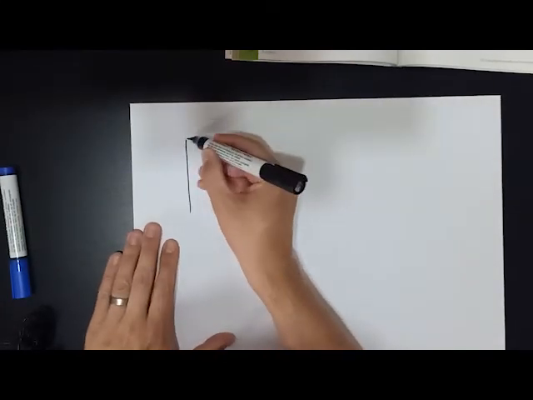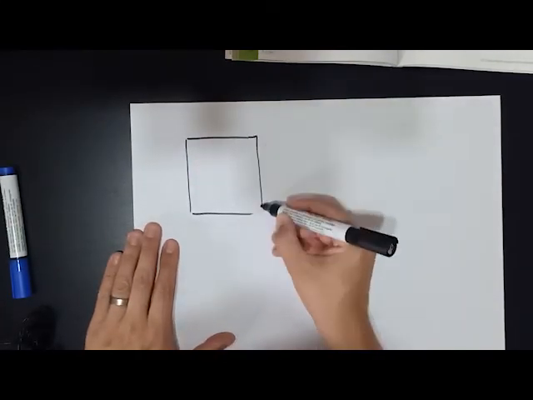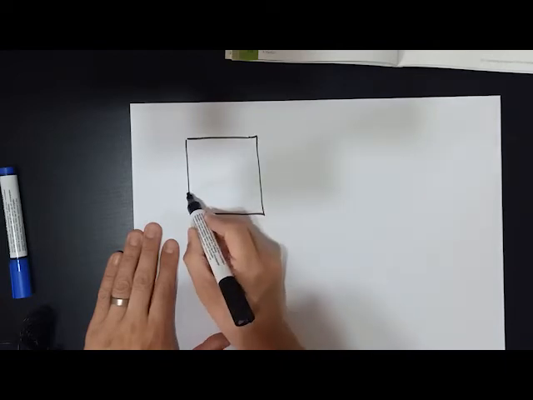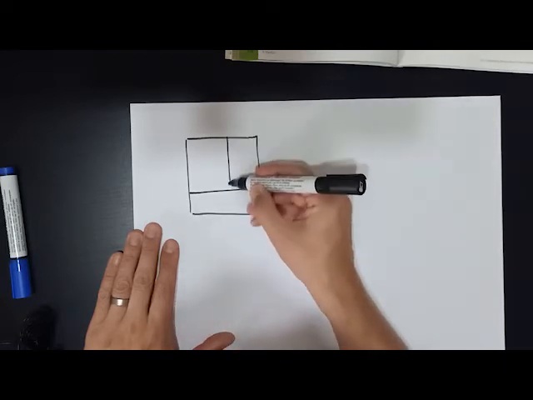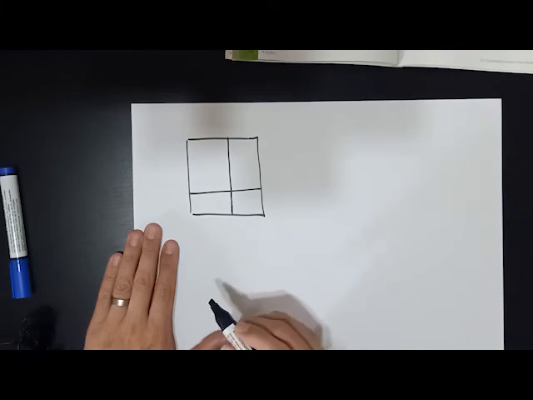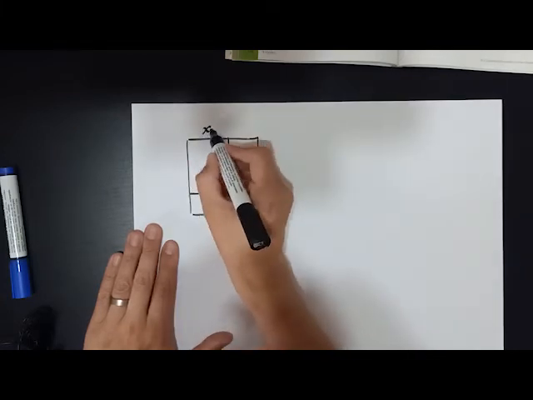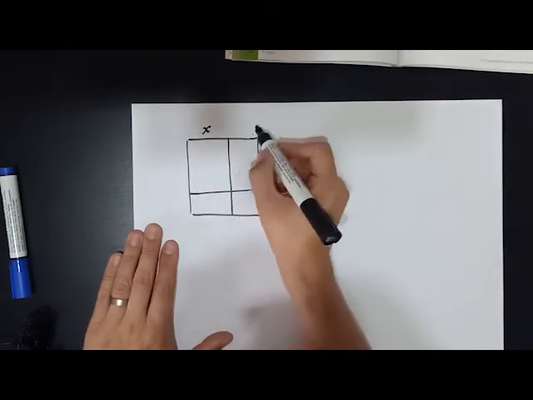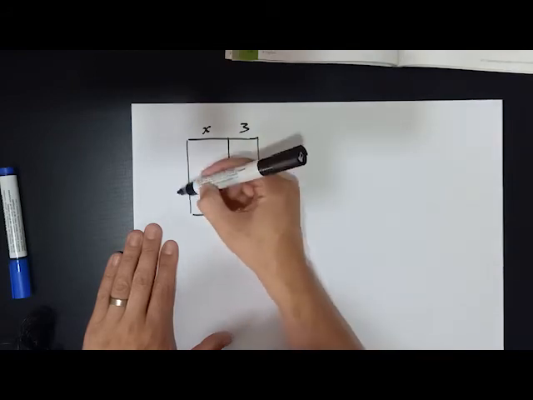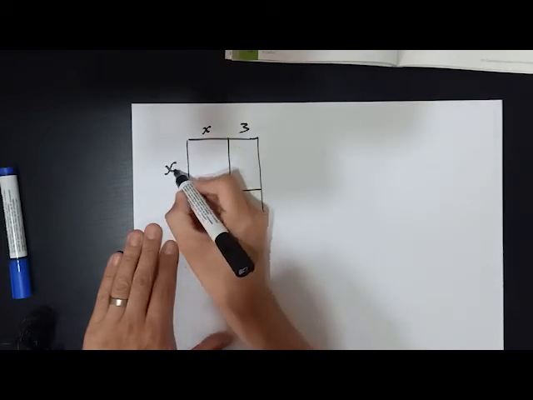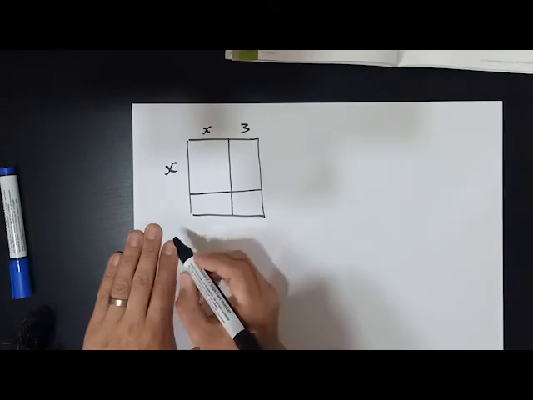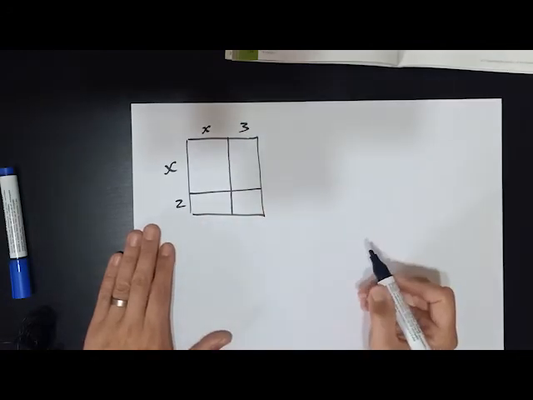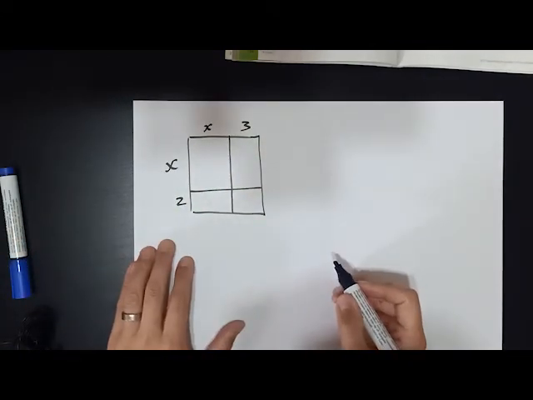They're telling you, here's the size of a rectangle, and we're going to split that rectangle into 4. This length is x, and this is 3. This length is also x. Okay, I've drawn it badly, that should be a square. And this here is 2. So what's the area of the whole shape?